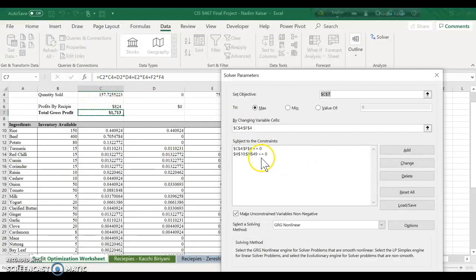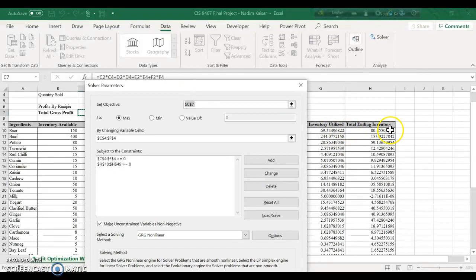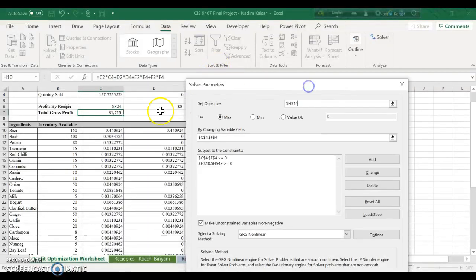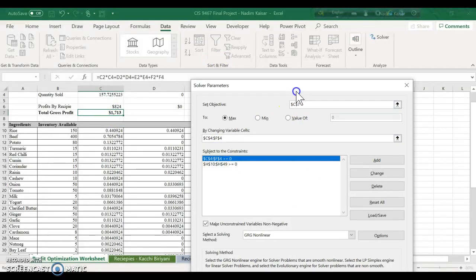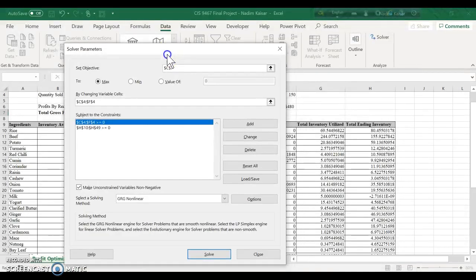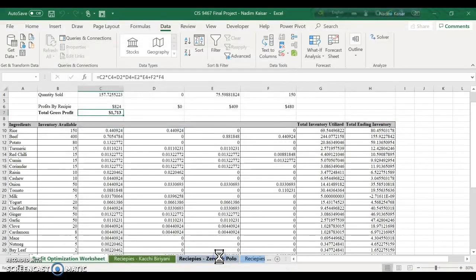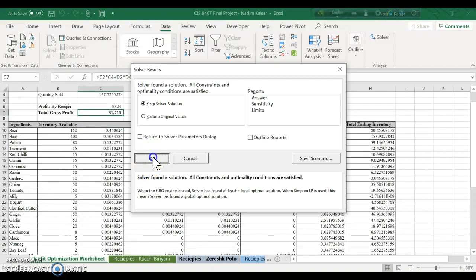My constraints are that my quantity sold should be greater than or equal to 0, and also my ending inventory here is going to be greater than or equal to 0. If I just hit solve, Solver will solve it for me, and I'll see.